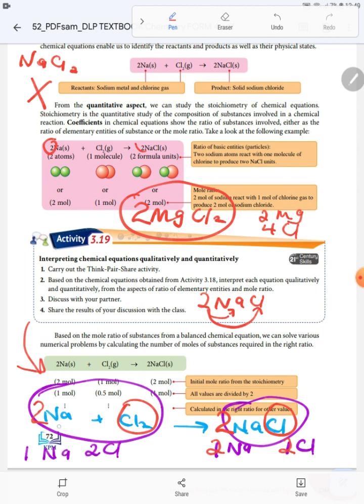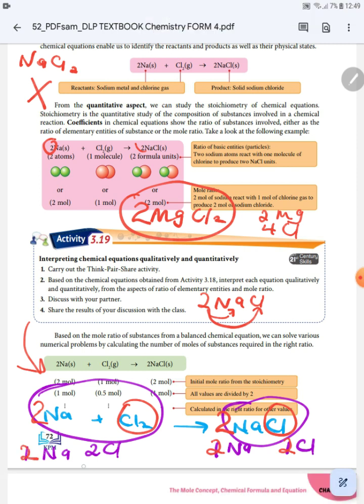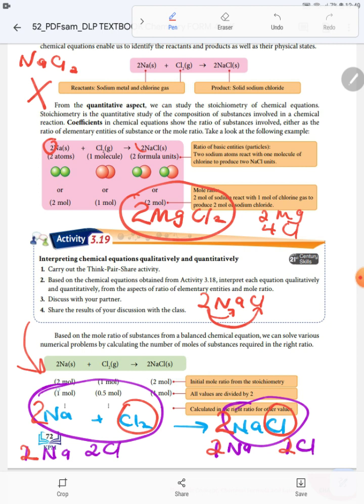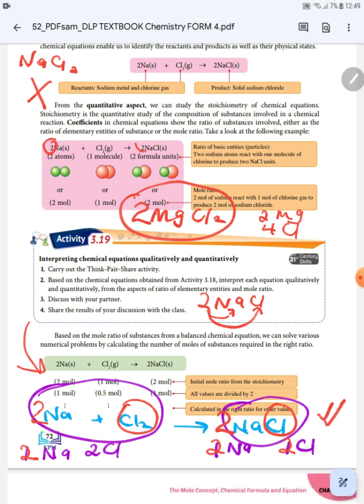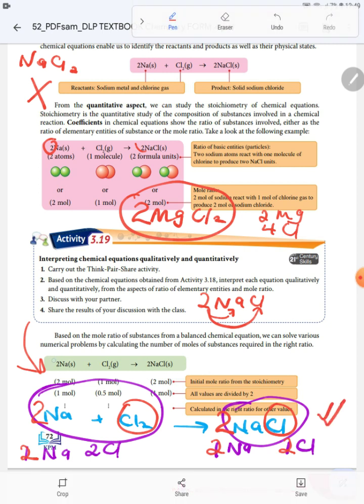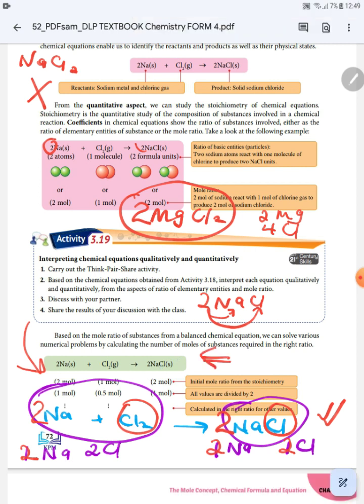Okay, so dekat sini kita dah ada 2 Na 2 Cl on your left hand side, and on your right hand side we also have 2 Na and 2 Cl. So this one is balanced chemical equation. Okay, so 2 Na react with Cl2 produce 2 NaCl is the balanced chemical equation.